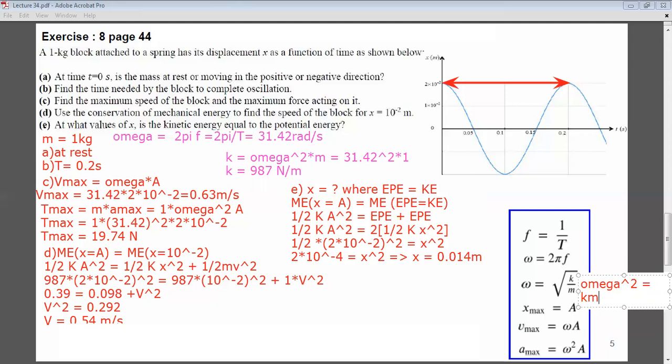We also use the maximum speed is omega A, and A maximum is omega squared A. We use conservation of mechanical energy to find the speed at a particular position x. And we use the conservation of mechanical energy to find the values of x where the kinetic energy is equal to the potential energy. This is a very, very important exercise.